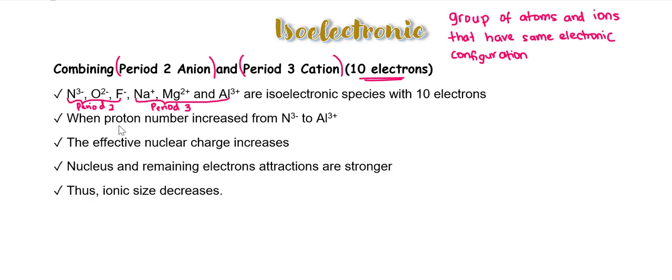So the proton number increases from N3 minus to Al3 plus.